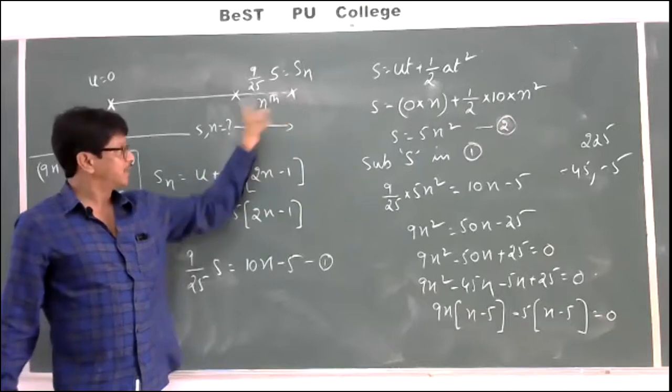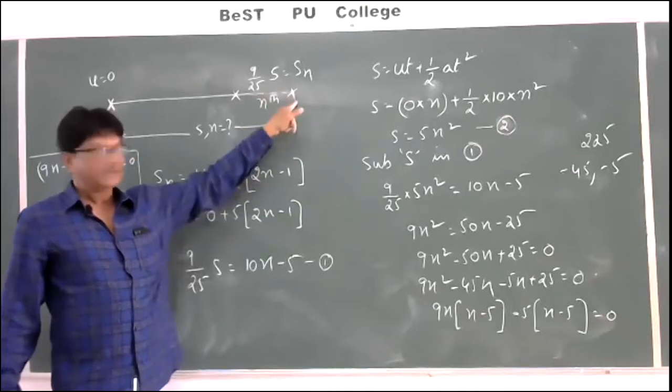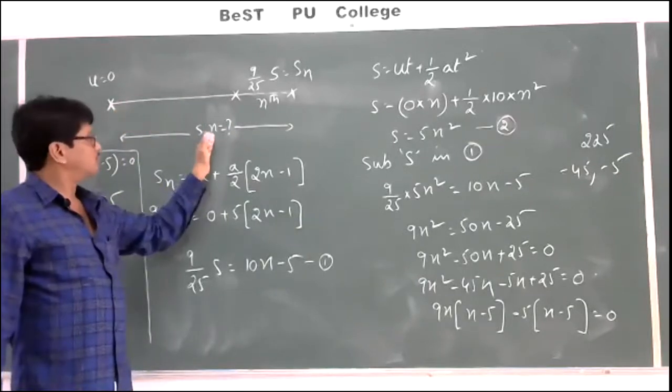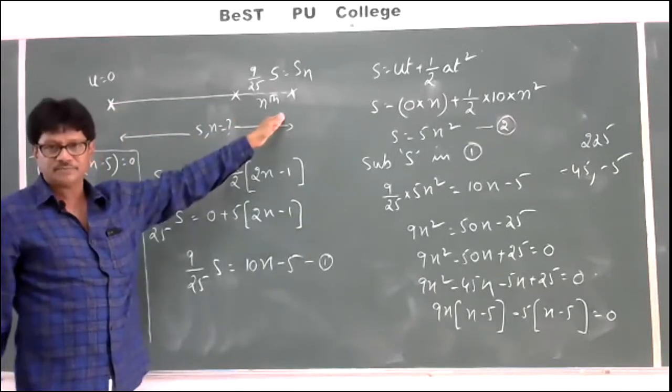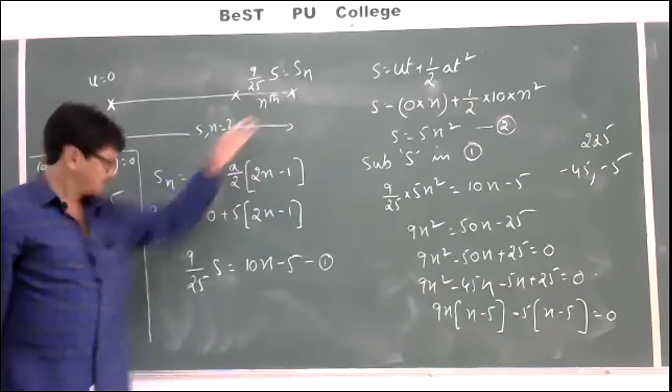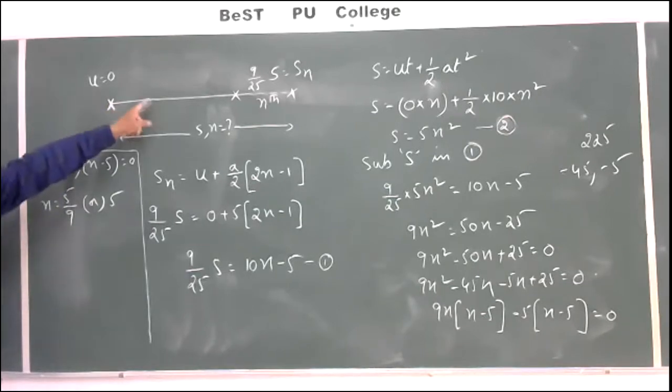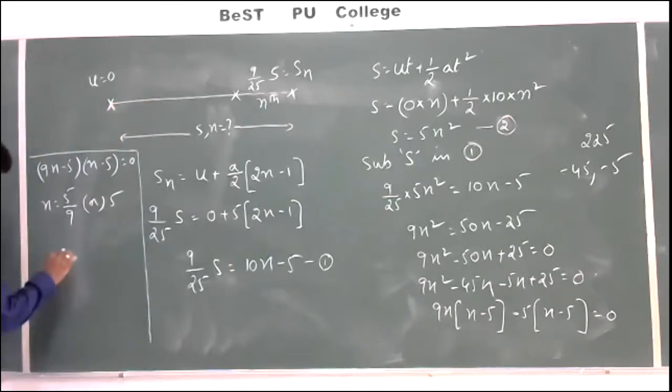So the value of n should be greater than 1. Is it right or not? If you take 5 by 9, it is lesser than 1 because the denominator is more than the numerator. So n value should be greater than 1 as per this problem is concerned. So the n value is equal to 5.